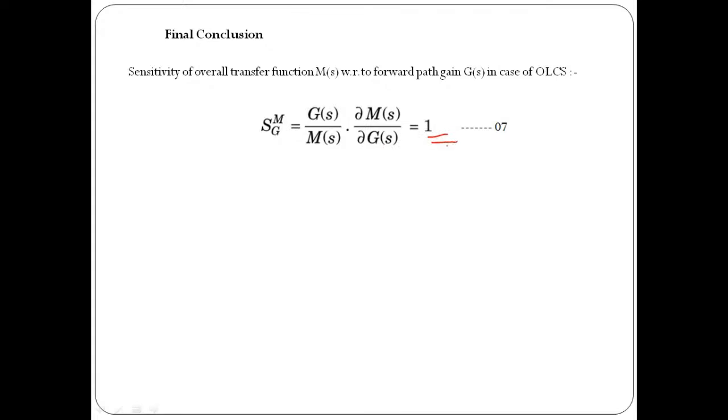That means sensitivity factor of overall transfer function with respect to forward path gain in case of open loop control system is always going to be unity. They are highly sensitive. That is important.